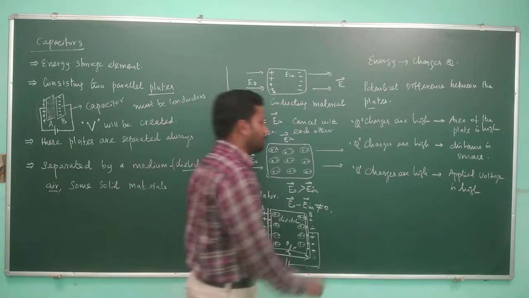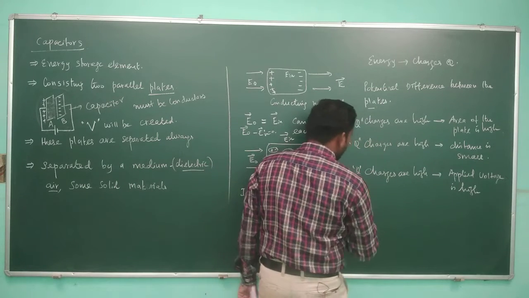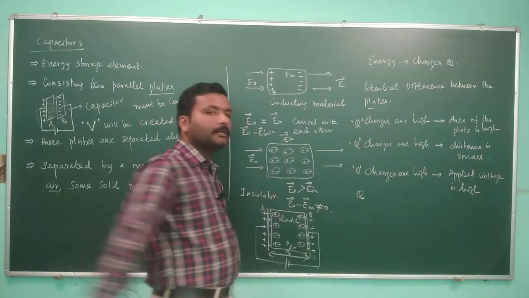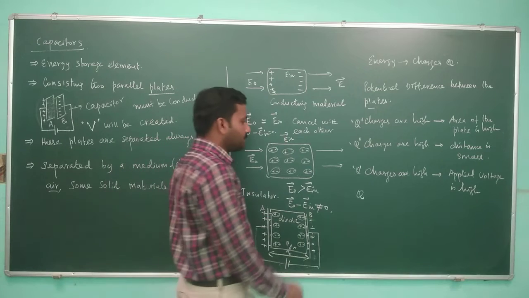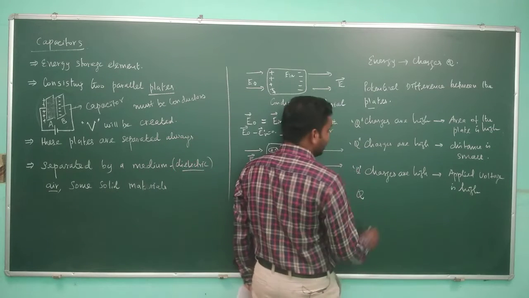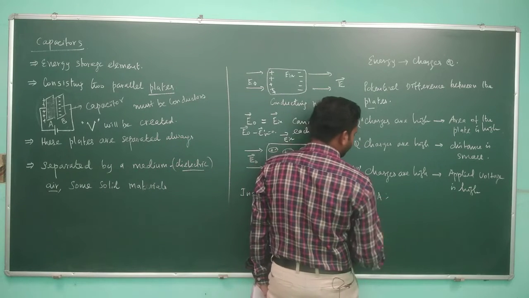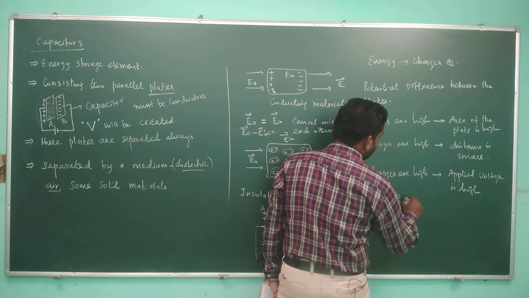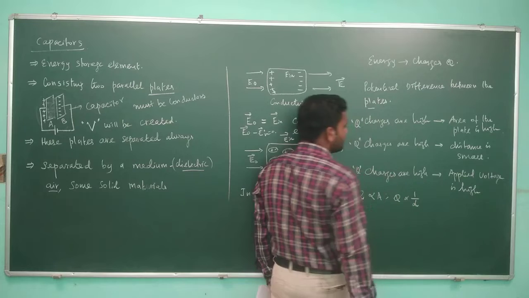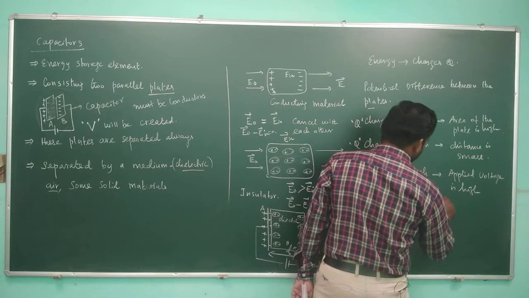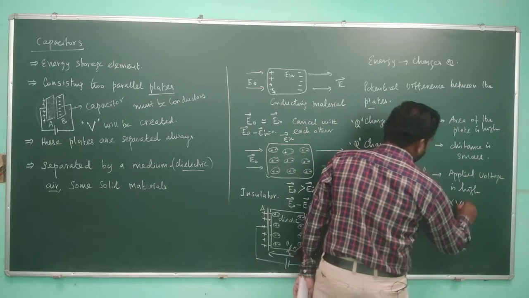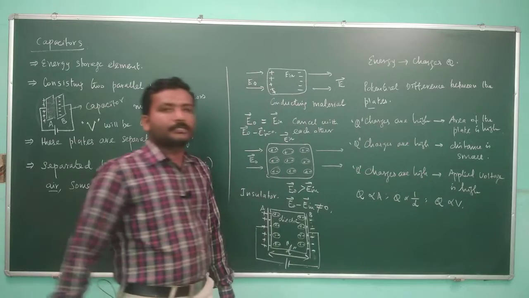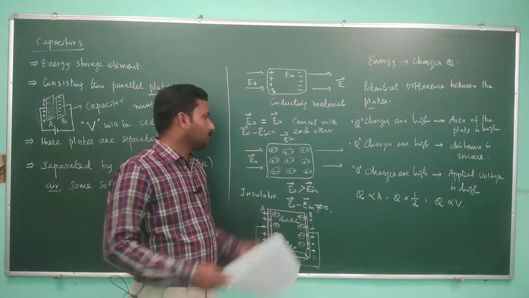Which means the charge Q stored within the parallel plates is directly proportional to the area, inversely proportional to the distance, and directly proportional to the voltage, right?